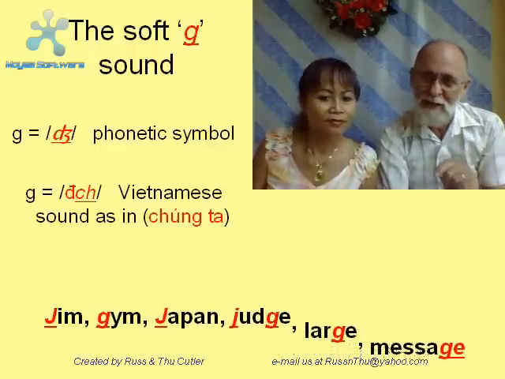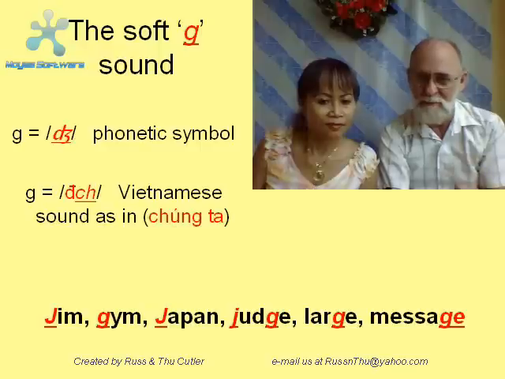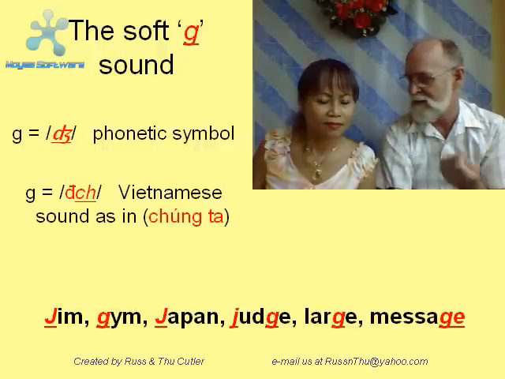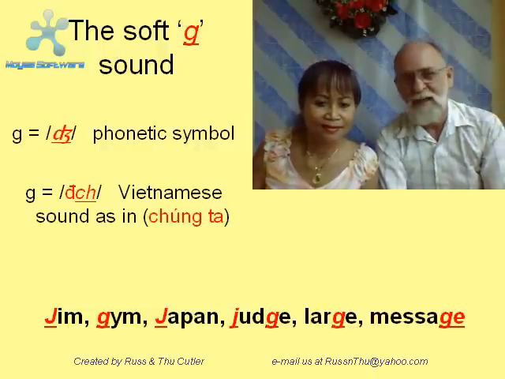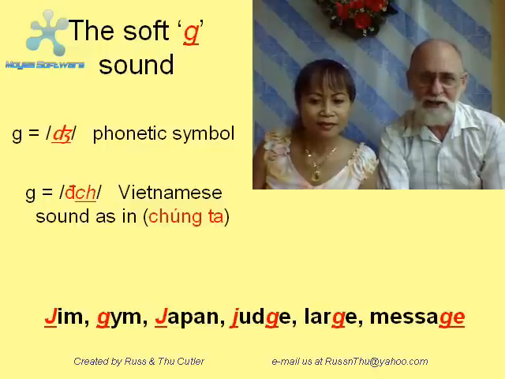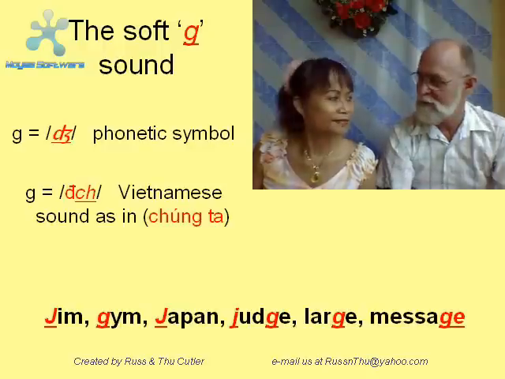The second word, we say it the same way, Jim, but the meaning is different. Here we're talking about the place where you exercise, gym. Next word is Japan. Judge. Large. Message. And that's the G's.